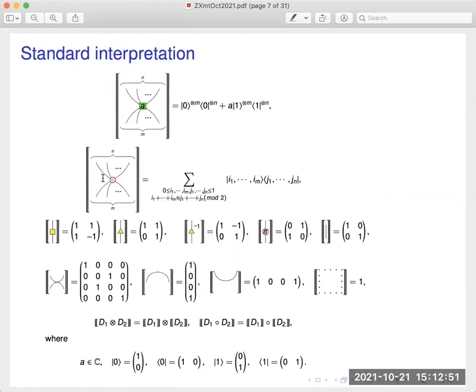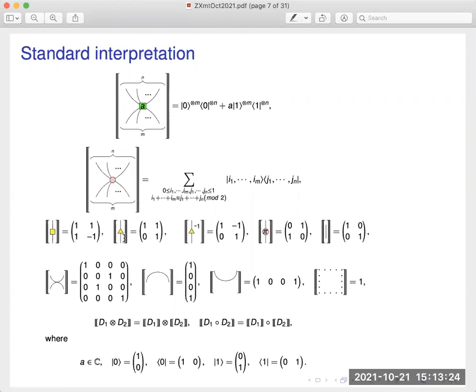This red spider is actually pink, but it's exactly the same as the original red spider, except up to some scalar. Now you can see the coefficients are all just 1. This Hadamard node is unnormalized, so you can see there's no 1 over root 2.